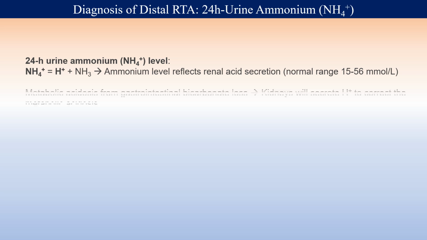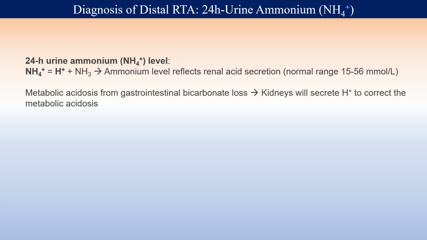In patients with metabolic acidosis due to gastrointestinal bicarbonate loss as seen in diarrhea, the kidneys will secrete as much acid as possible to correct the metabolic acidosis. Because of the high acid secretion, the urine pH will be low and the urinary ammonium level will be high.